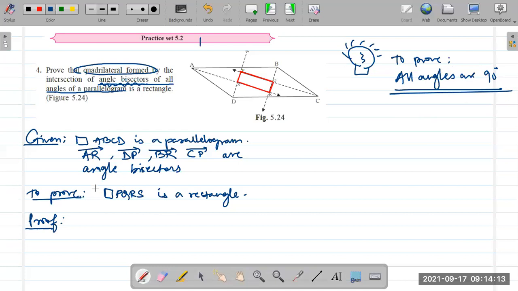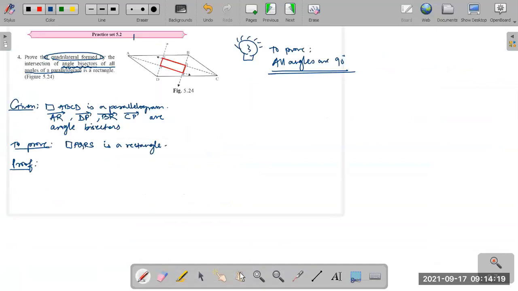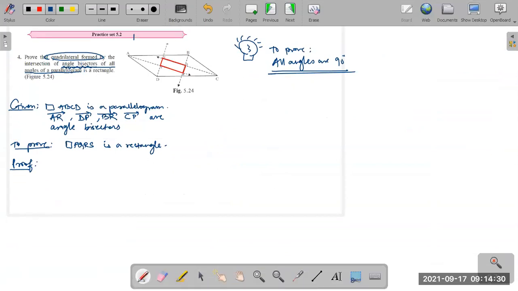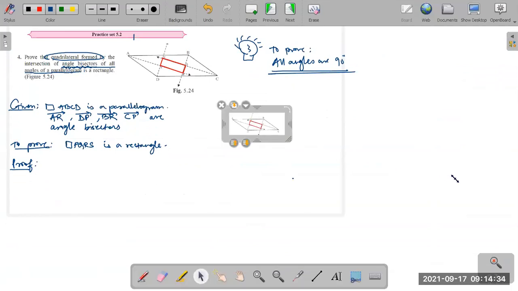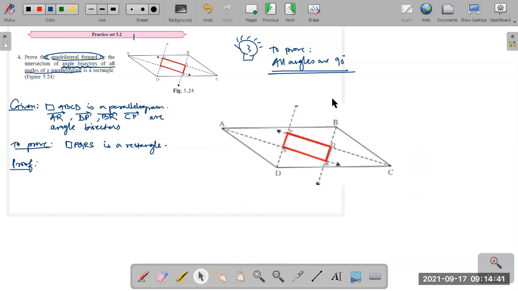The proof is really interesting. Let me help you with that. Maybe just try to zoom in on this picture, so that you can understand. Let me first explain how we are going to prove that all these angles are 90 degrees.